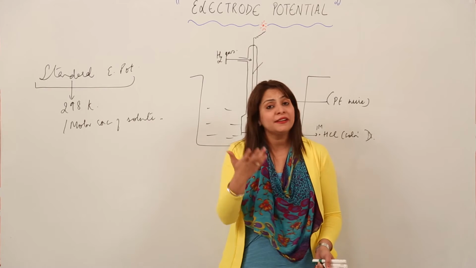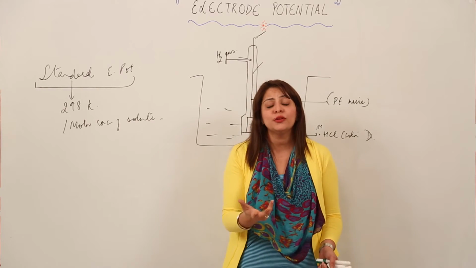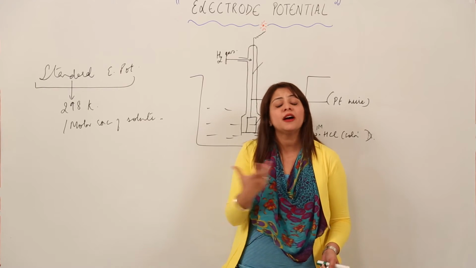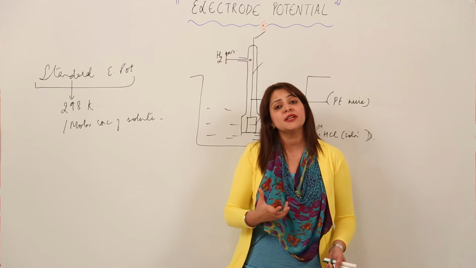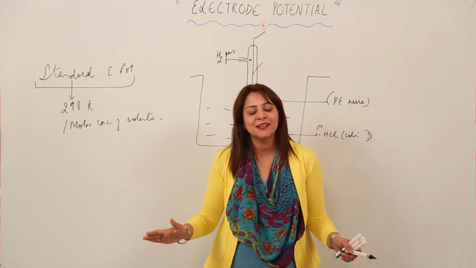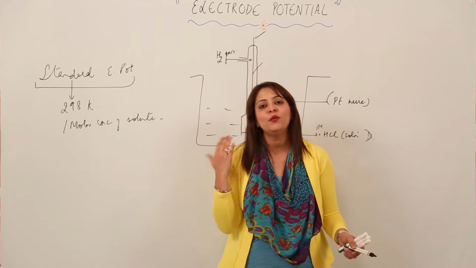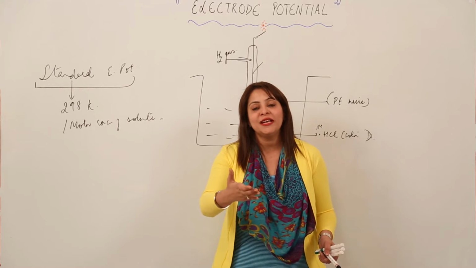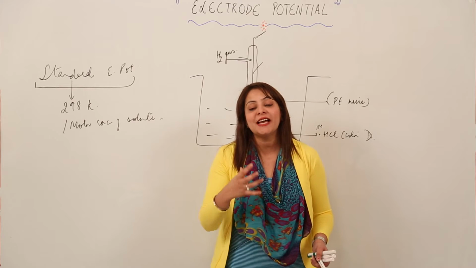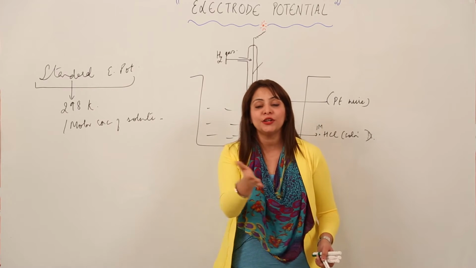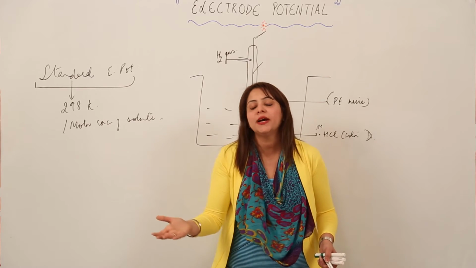So that will create a confusion, and how will you come to know which cell you are going to use as anode, or oxidation half cell, or which cell you are going to use as reduction half cell? So in order to clear all these confusions, or just to make you well versed with the topic, you may be curious to know how this electrode potential is calculated, or how you decide that this is going to act as anode or cathode in whichever case we are talking about.